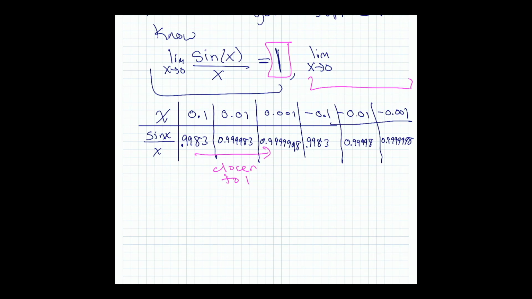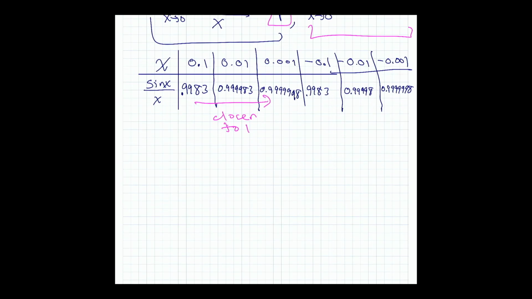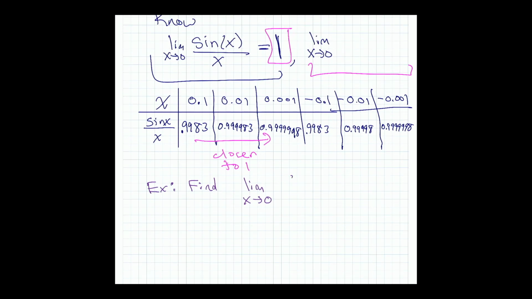Now, how are you going to use that? Well, they make you go through a bunch of algebra that's kind of annoying, to be honest, but they just want you to get used to solving problems. So if I say find the limit as x goes to 0 of sine 7x over 3x, okay, that limit is not 1.